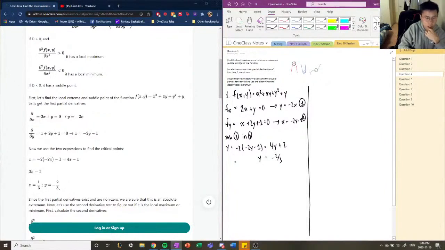Okay, so now we're going to sub this y value back into our x value, which is over here. So, let's label this 3, sub 3 into 2, and we get x equals negative 4 over 3 minus 1.